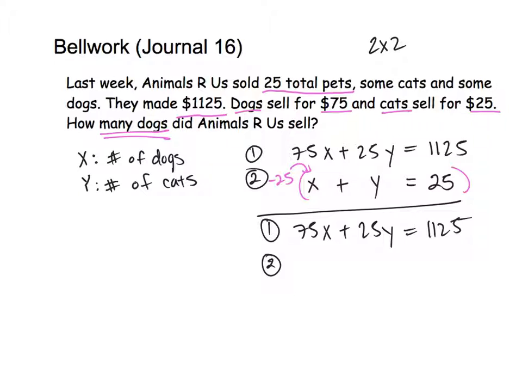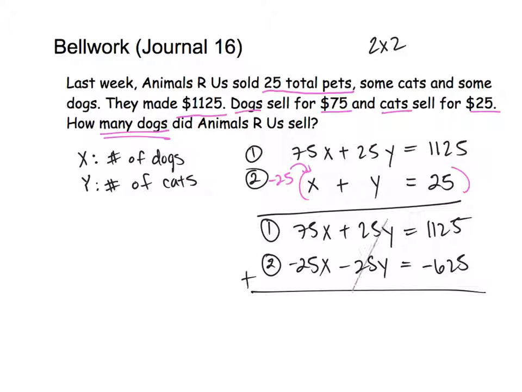Second equation, if I multiply by negative 25, I get negative 25x, negative 25y, and negative 25 times 25 is going to give me negative 625.